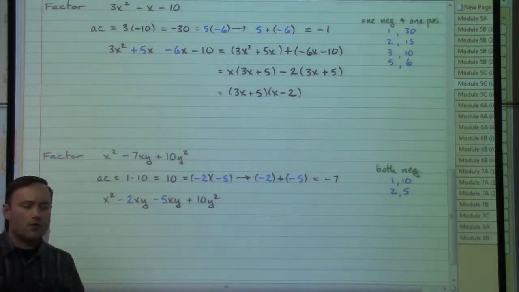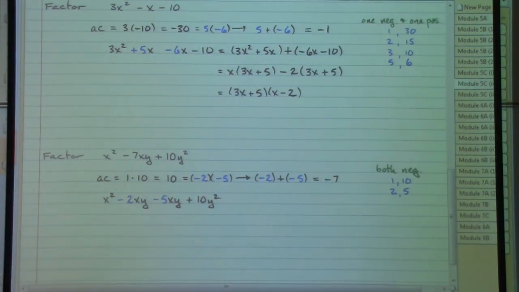When we have 4 terms, we try to use grouping to work through things, meaning that we would group our first pair of terms together, and we would group our second pair of terms together, and we would put a plus sign in between them.